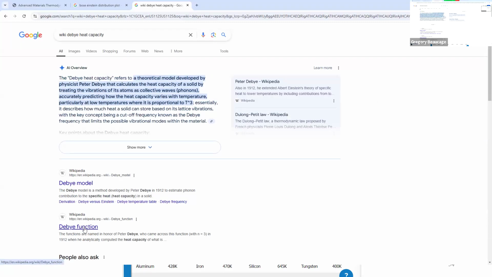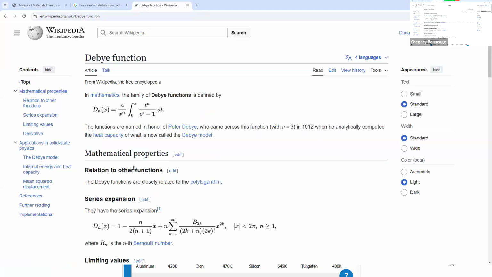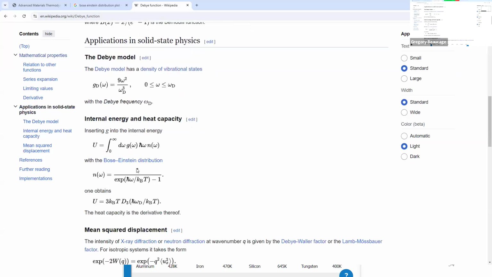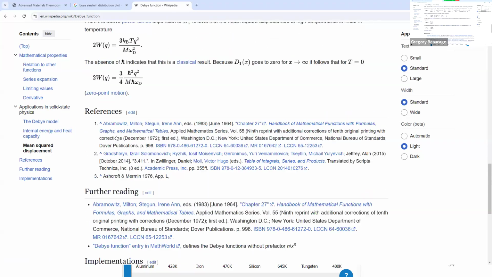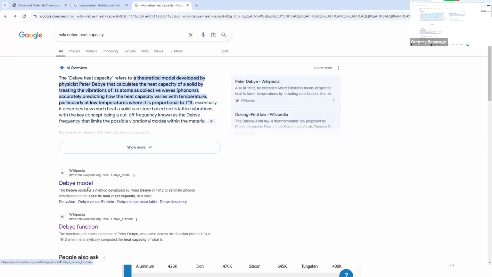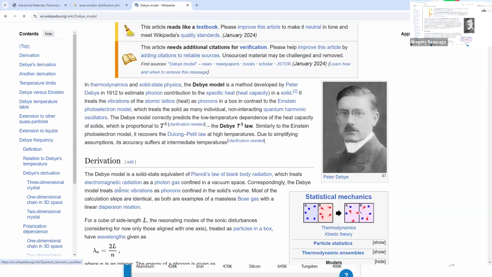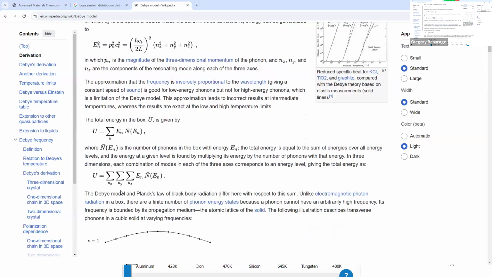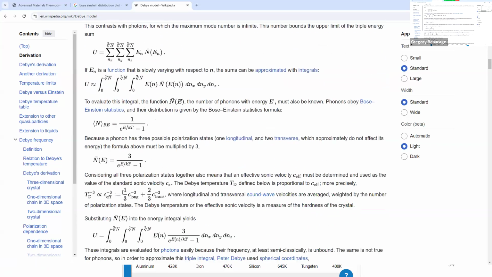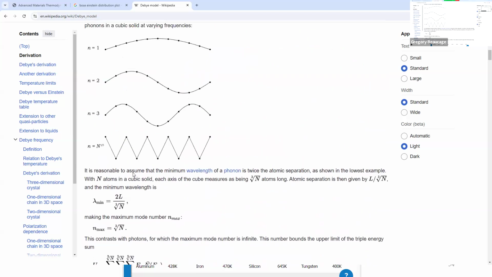I think this is the Debye function. No, it's not the Debye function. It's the Debye model. Oh, yeah, this is the thing. This kind of defines the Brillouin zone, right? There's a shortest wavelength, or longest wave vector, that you can accommodate in a crystal.